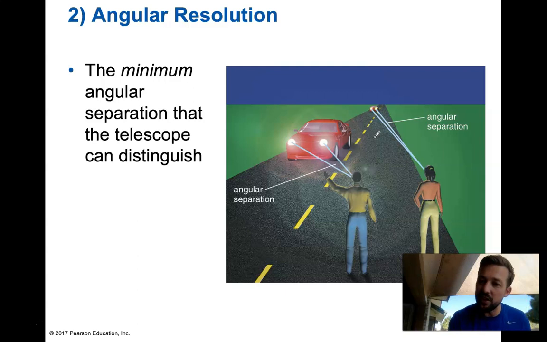Okay, and this is called angular resolution, and it has to do with the type of light that's coming at you. So if it's radio waves, microwaves, visible light like the stars, or gamma rays, all of them have different distances at which you can distinguish between 2 lights versus 1 light. And basically, the size of the telescope will determine when you can distinguish between them.